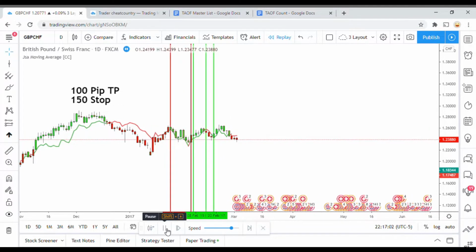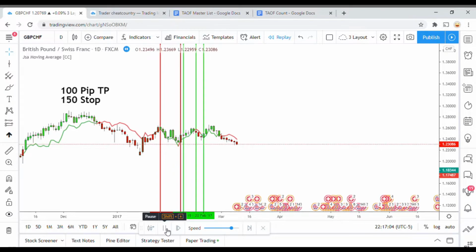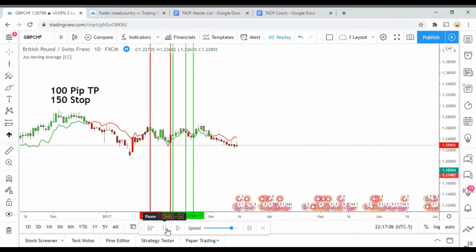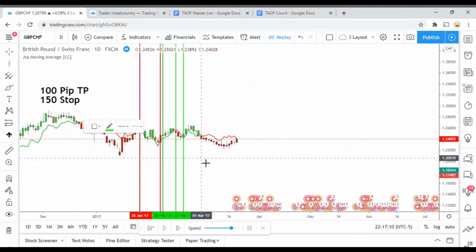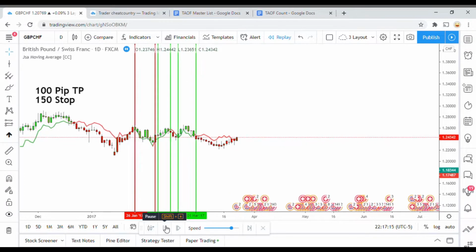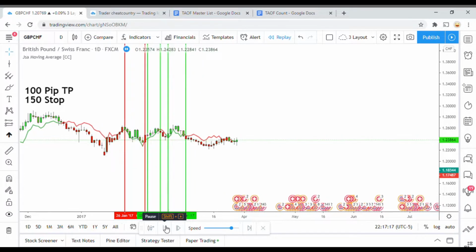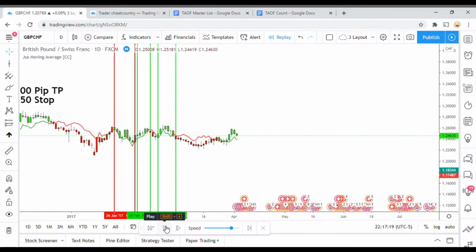Now, one of the biggest curses so far when it comes to moving averages is that when price action starts to consolidate into a ranging market, they tend to get chopped in and out and in and out and in and out, just a crazy amount.